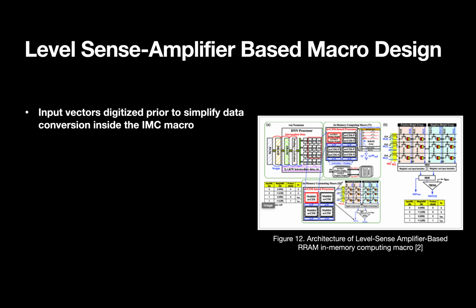Digital approaches can simplify the data conversion inside the in-memory computing macro. To digitalize the input vectors, a multi-bit digital input is applied to the RRAM array bit by bit. In this way, digital to analog converters at the input terminal, which usually consume much more area, are removed. However, this is done at the cost of increasing the computing cycles.